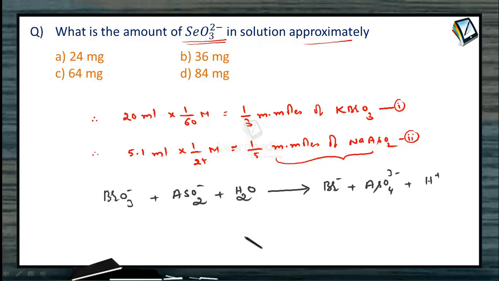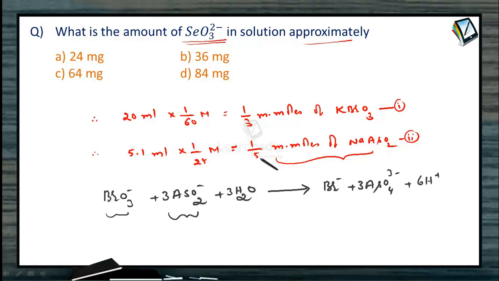On balancing, 1 mole of bromate reacts with 3 moles of arsenite in the presence of 3 moles of water to give 1 mole of bromide, 3 moles of arsenate and 6 moles of H plus. From this we understand that for every 3 moles of arsenite consumed, 1 mole of bromate was left over in the solution.